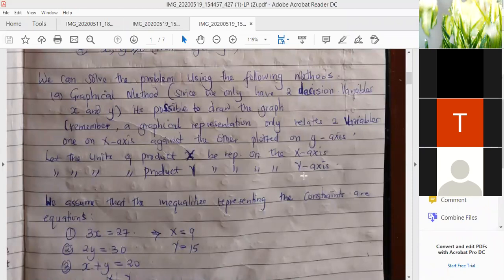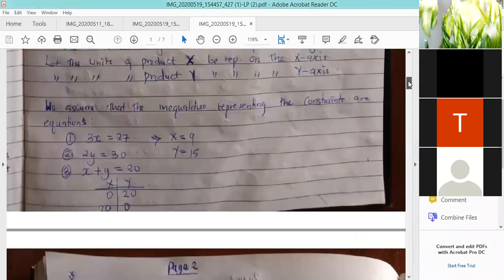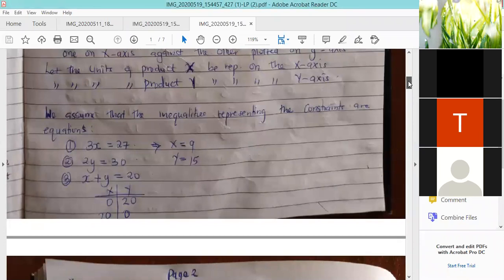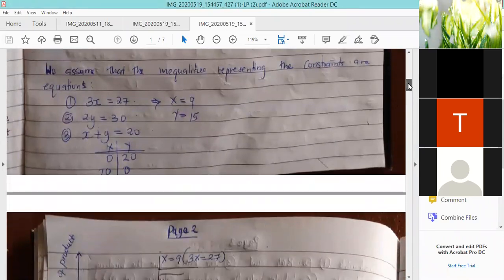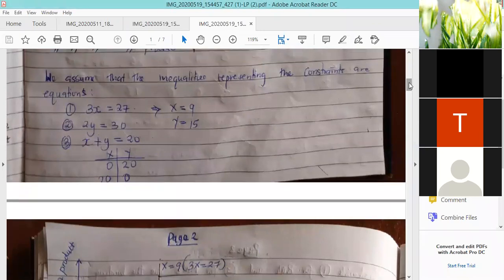It's not wrong if you interchange the axes, only that you have to be careful about where you are putting whichever amount you want to represent. If you put the y product on the x, it's okay, but be careful when you are doing your interpretation.